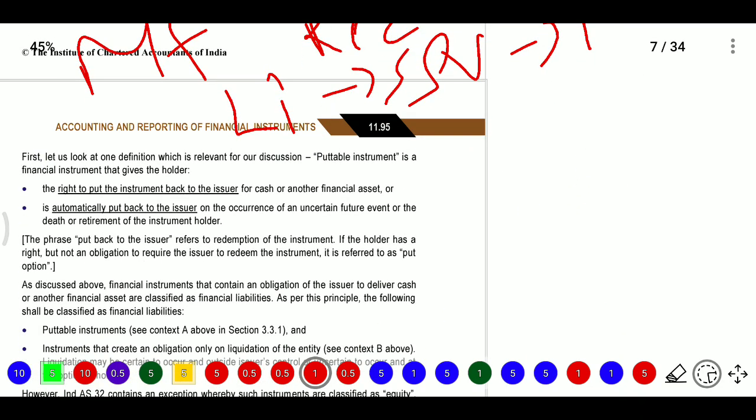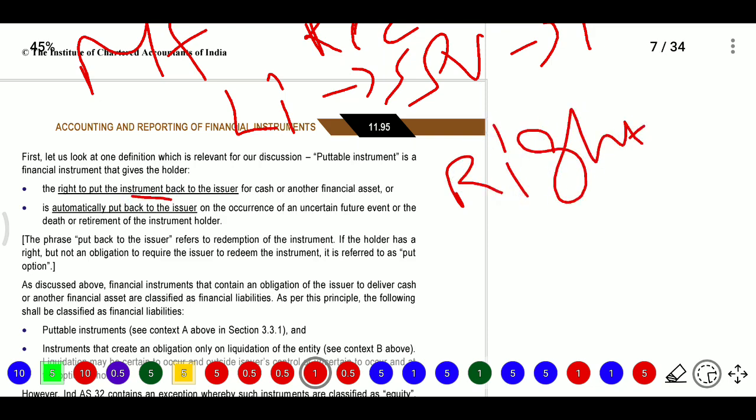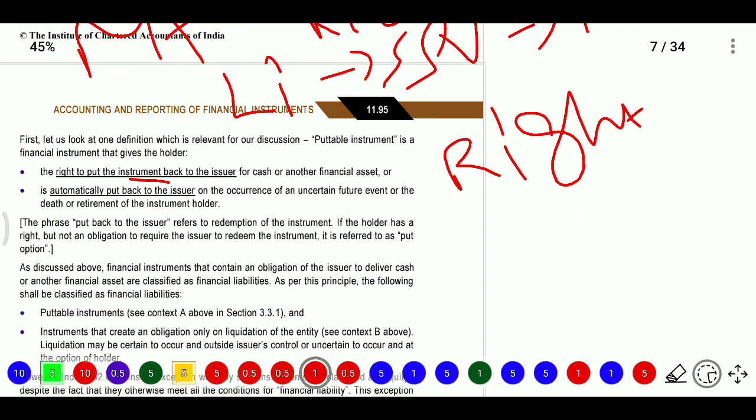First we look at the definition relevant for discussion. Putable instruments means a right to put the instrument back to the issuer for cash or another financial asset, or it is automatically put back to the issuer on the occurrence of an uncertain future event or death or retirement of the instrument holder.